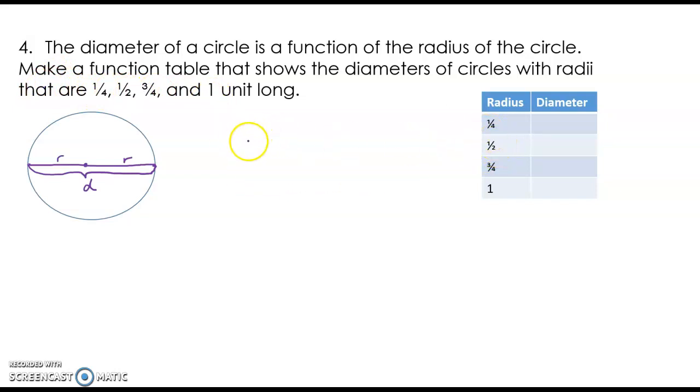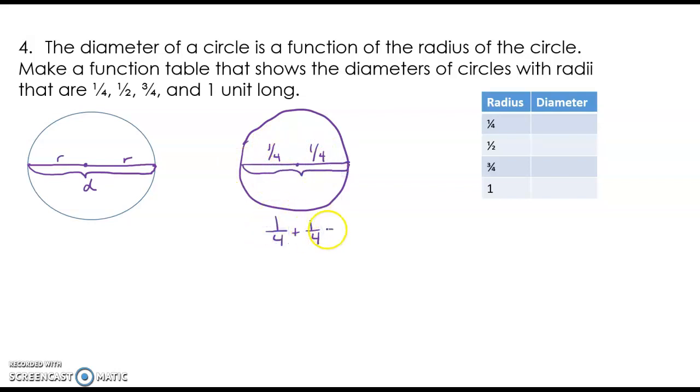So if I have a circle with a radius that is 1/4 and 1/4, then my whole diameter is going to be 1/4 plus 1/4, which is 2/4, which is 1/2. Okay, so my diameter is going to be 1/2. All right, and that's what I have to do for each one of these.